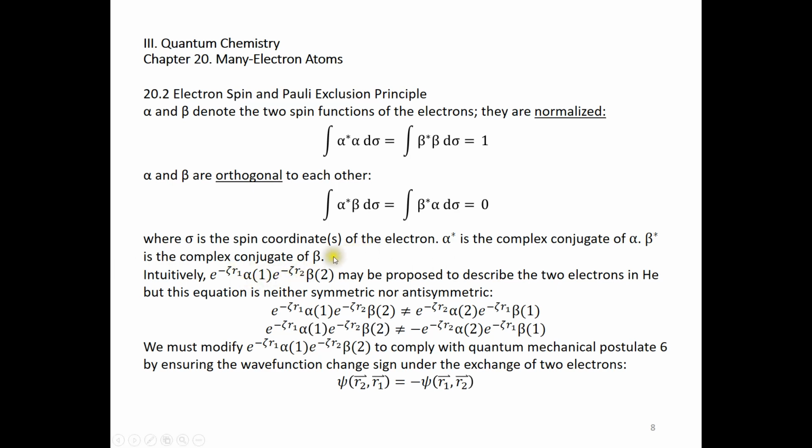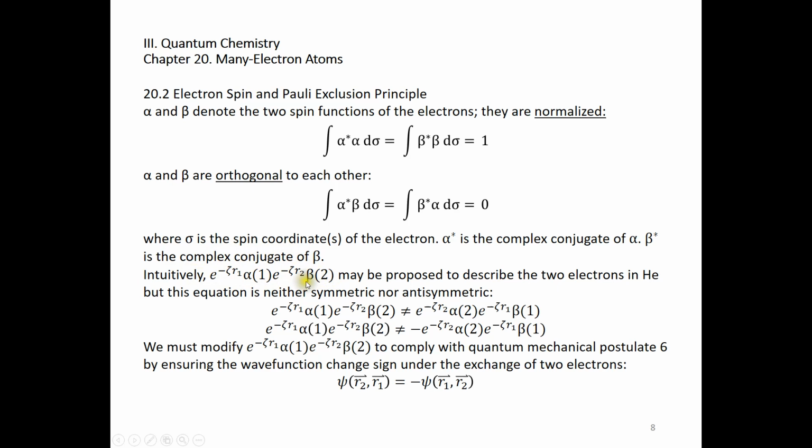So now, what if we add some spin function? Intuitively, we just add the spin function this way. We add alpha 1 here to specify the spin of electron 1, beta 2 here to specify the spin of electron 2. We're assuming electron 1 has an alpha spin, electron 2 has a beta spin.